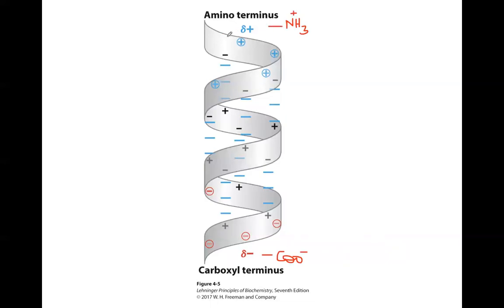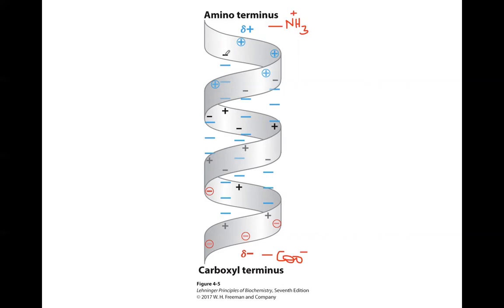And so these charges, so you can see here on the top of this ribbon of the alpha helix, well, this positive charge will be propagated through the entire alpha helix chain, and the carboxylate will give it a negative charge, which will be propagated throughout the entire alpha helix chain.